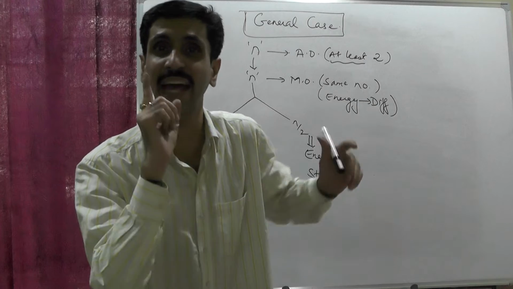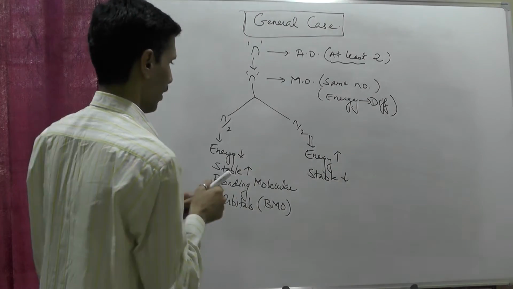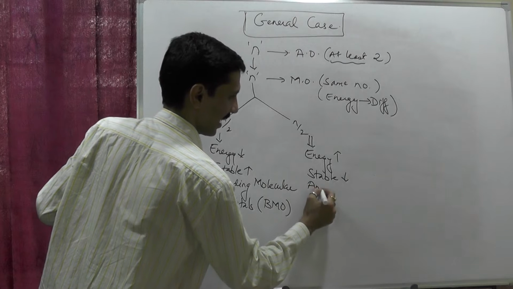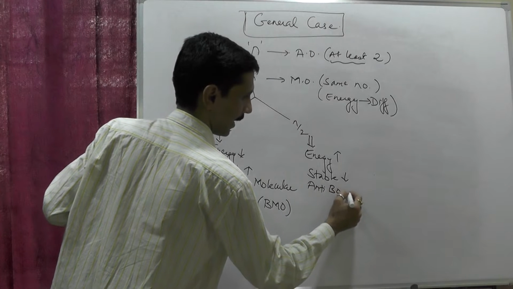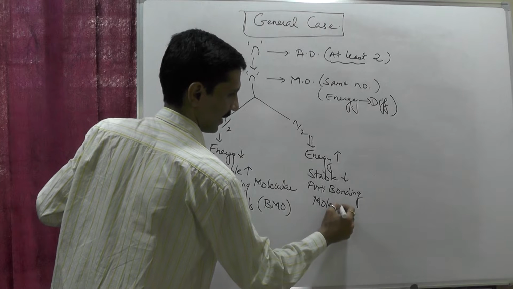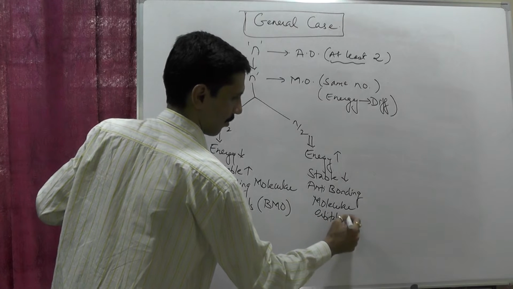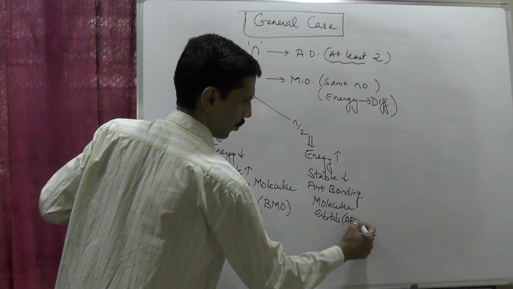Against means we call it anti. Therefore we call these anti-bonding molecular orbitals, and we write it down as ABMO.